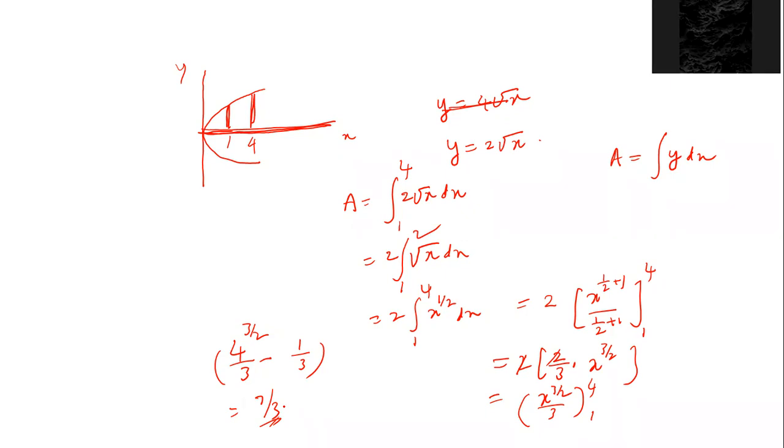Why did you cancel 2 and 2? They both are in the numerator. You cancel 2 and 2 now. Where? In the second last step, actually both of them are in the numerator. Oh, sorry. Just look at it.